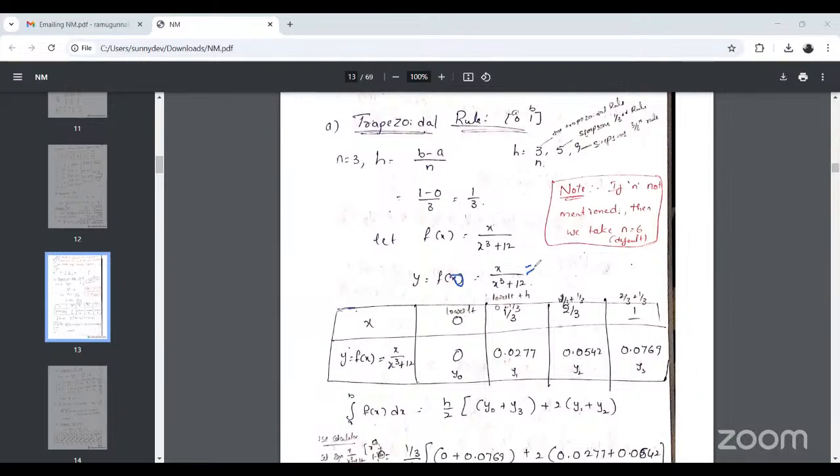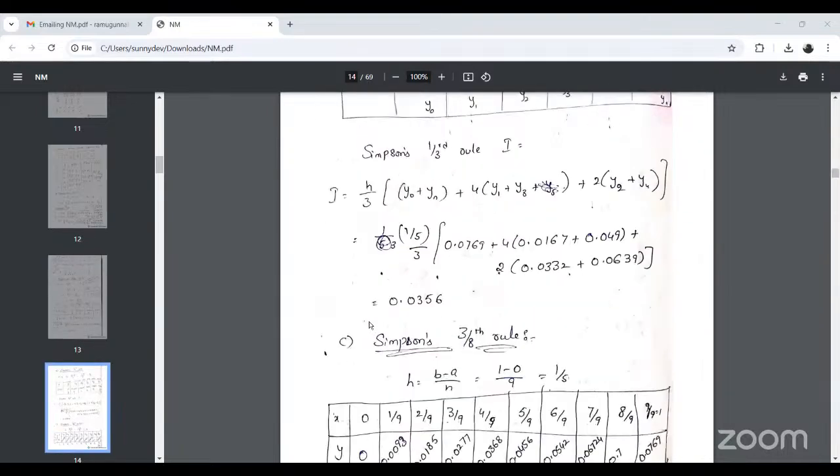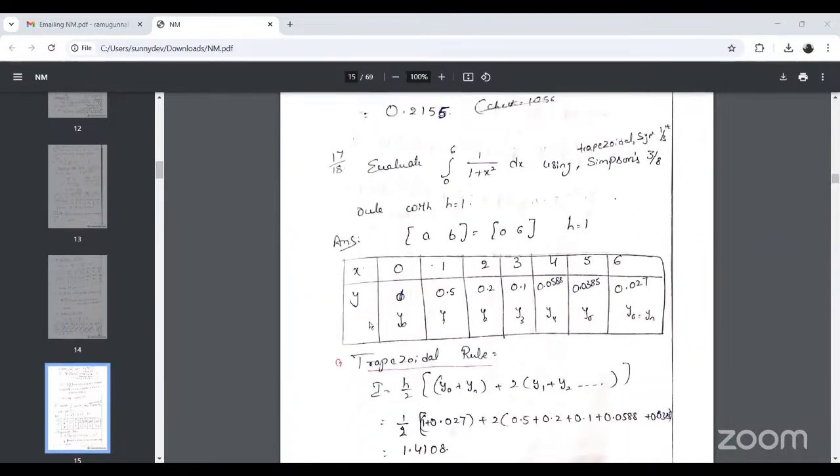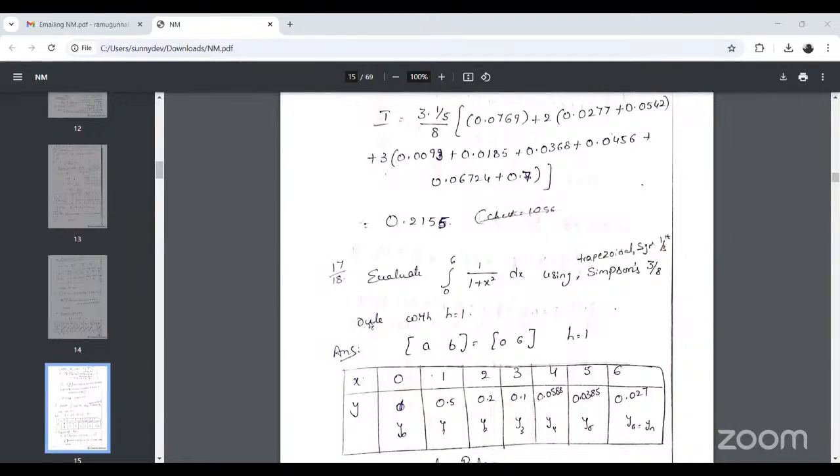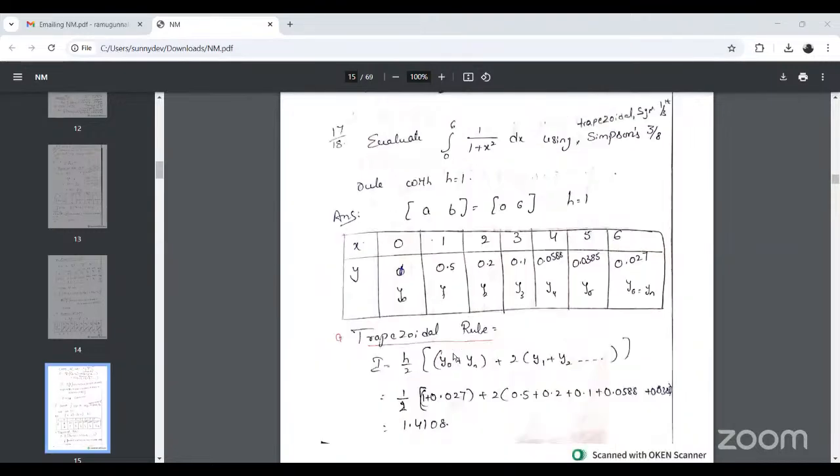So we get 0 by 0 plus 12, that is 0. Next, x equal to 1 by 3. We can write 1 by 3 by 1 by 27 plus 12. Like that, we can get the y values. And we can use the scientific calculator; in the examination also, you can use the scientific calculator. Now this is the Simpson 3/8.